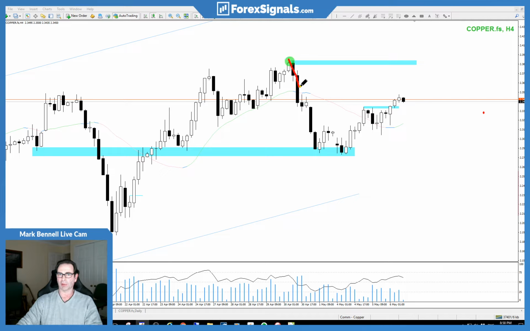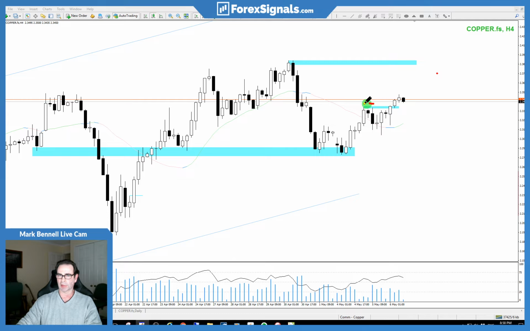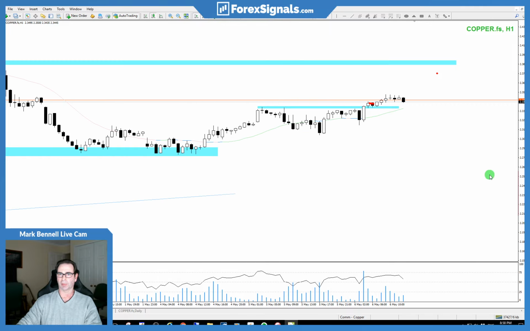So that pullback on the daily was this one. The daily 20 period is through here, so naturally we're going to be under the 20 period on our 4-hour chart. So what we were waiting for was price to get above it. Let's have a look in this one then. This may not be the best example.